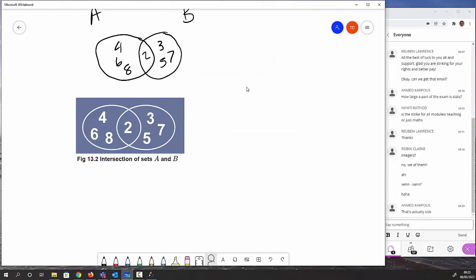Okay, so looking at the diagram that I've put there, figure 13.2, how many different areas are there on that graph?